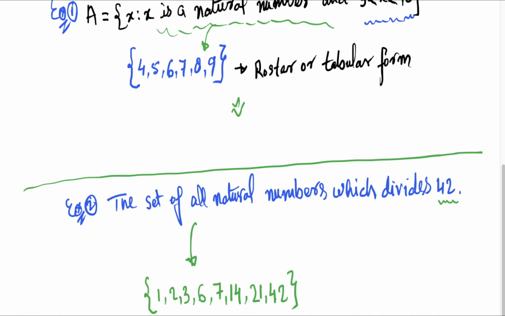Now we have all the elements which divide 42, and this is in roster or tabular form.